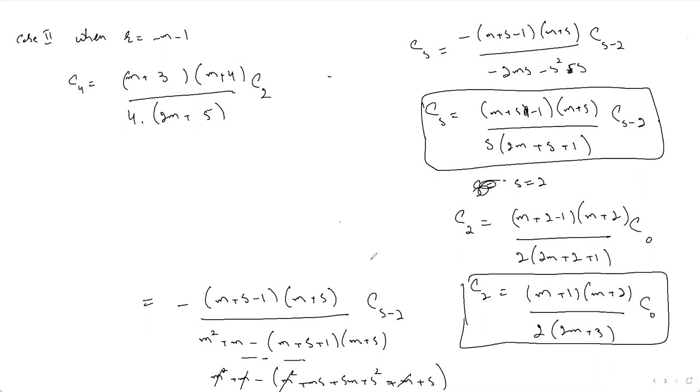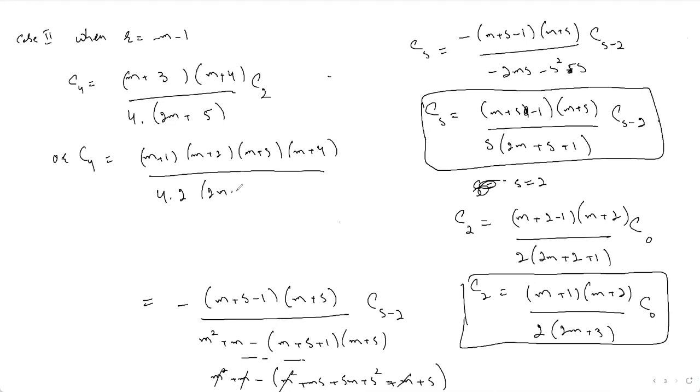Now, on substituting this c2, c4 will be equal to m plus 1 into m plus 2 into m plus 3 into m plus 4, divided by 4 into 2 into 2m plus 3 into 2m plus 5, c0.